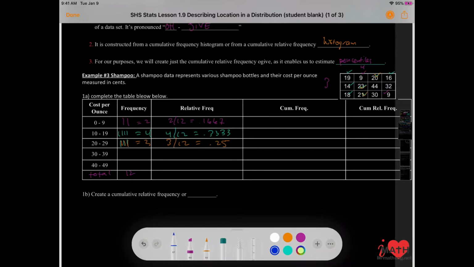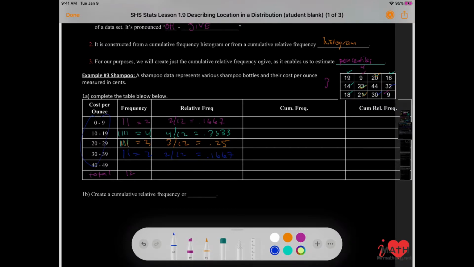Between 30 and 39. So again, you might be asking, how did I figure out those bins there? These are the bins, right? You're thinking of your range, your max versus your min, and then how can you break them up? We talked about before in histograms, how many bins do you create? It's up to you, but you don't want too many and you don't want too few, so it's kind of ambiguous. 2 out of 12, which is the same decimal as above.